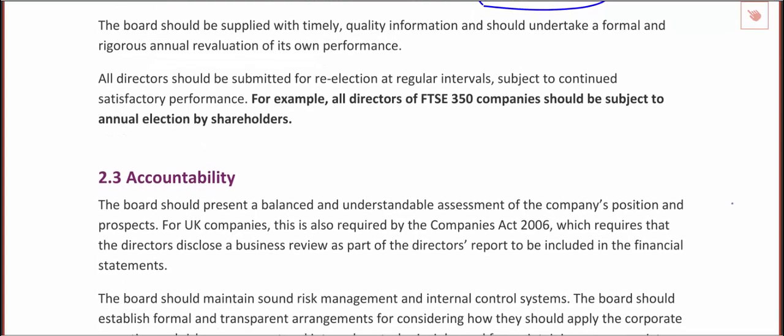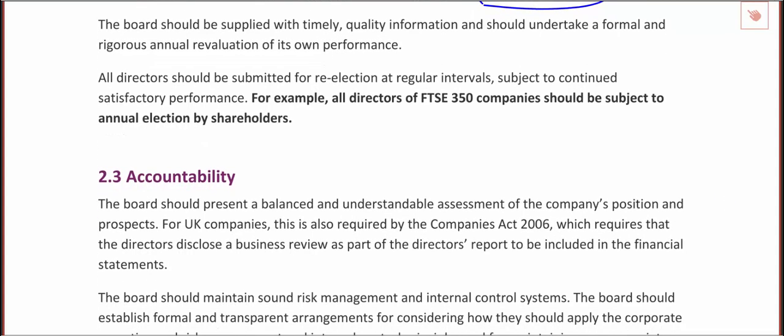So we've thought about how they're nominated, we've ensured that they have enough time. Let's think about how long they stay for. So down the bottom there, we've got should be submitted for re-election at regular intervals, and specifically all directors of FTSE 350 companies should be subject to annual election, or annual re-election should I say, by shareholders.